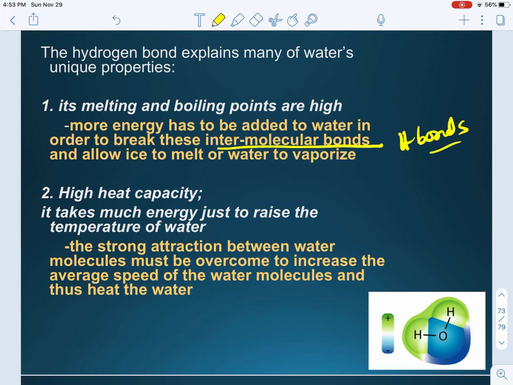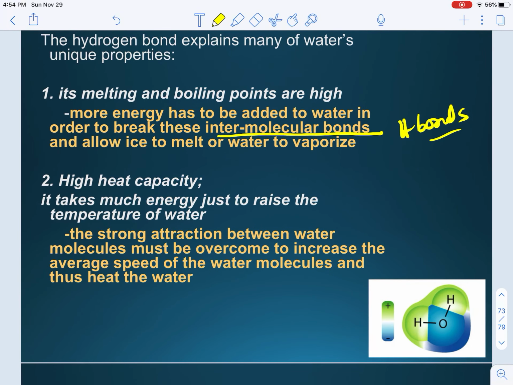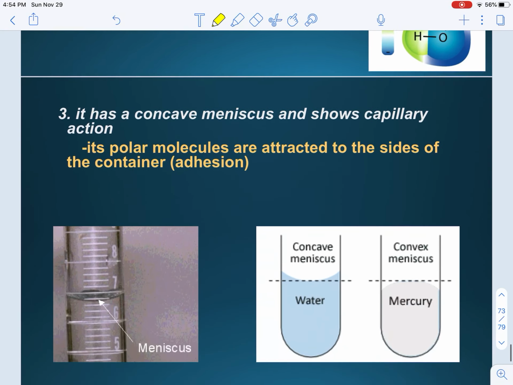The high heat capacity results when you can add a lot of heat before that water changes state. Again, that is due to the hydrogen bonding as well. It takes a lot of heat before liquid water will evaporate and turn into gas. It takes a lot of heat to take a frozen chunk of ice and break those bonds and melt it into liquid.